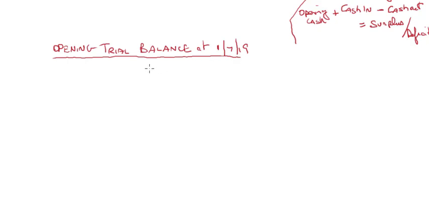So what are we going to put into this opening trial balance? Well, we put in a list of debits. Remember, debits in this context just means left-hand side, and credits are just right-hand side. We're going to deal with this later when we're talking about the system of double entry accounting.